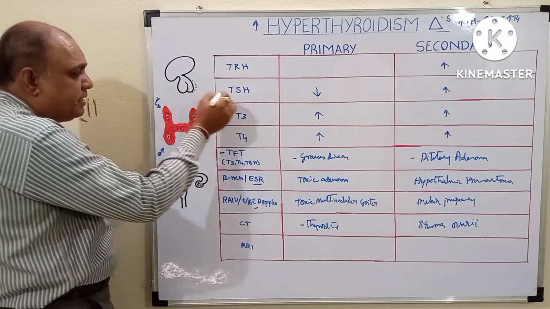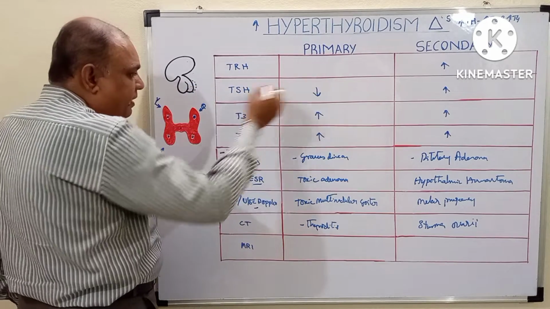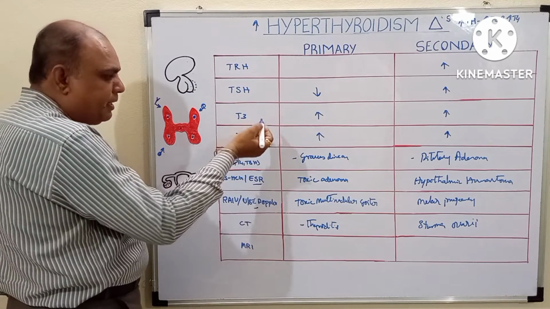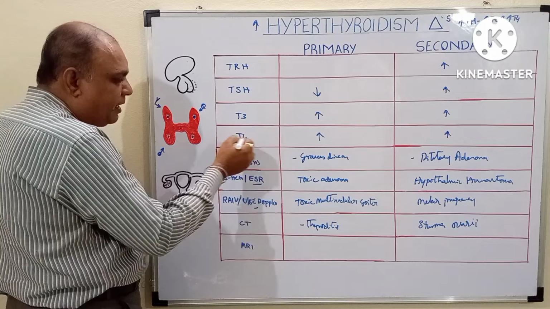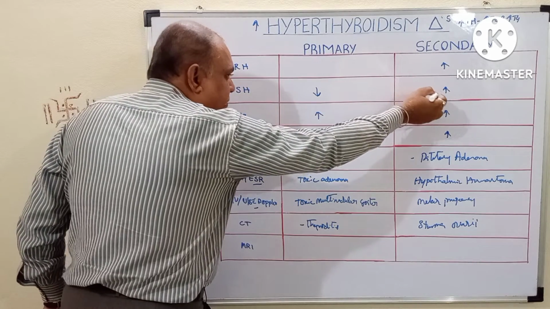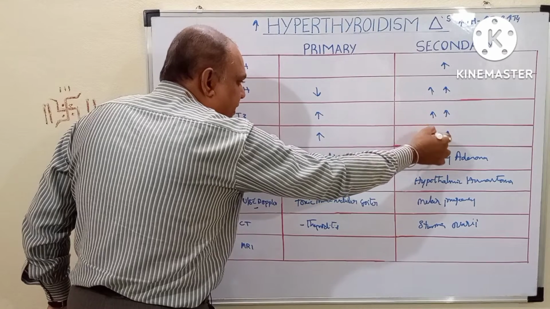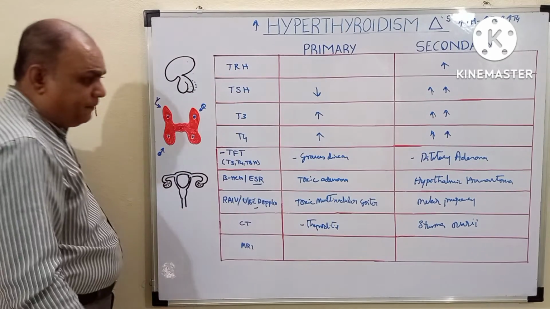Now these are the few examples of secondary hyperthyroidism, where in the pituitary adenoma we can have adenoma of the pituitary gland, which increases the secretion of thyroid stimulating hormone. When the thyroid stimulating hormone secretion increases, it increases the T3 and T4 secretion also. So we can see increase of TSH, T3 and T4.